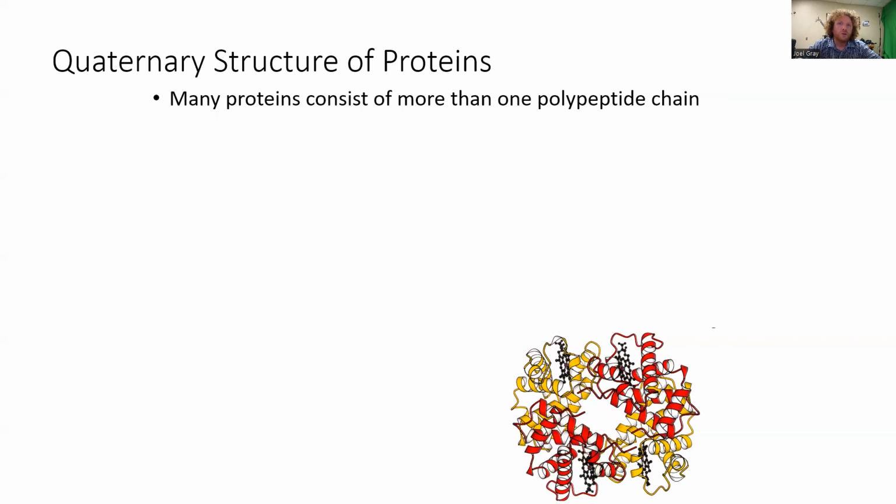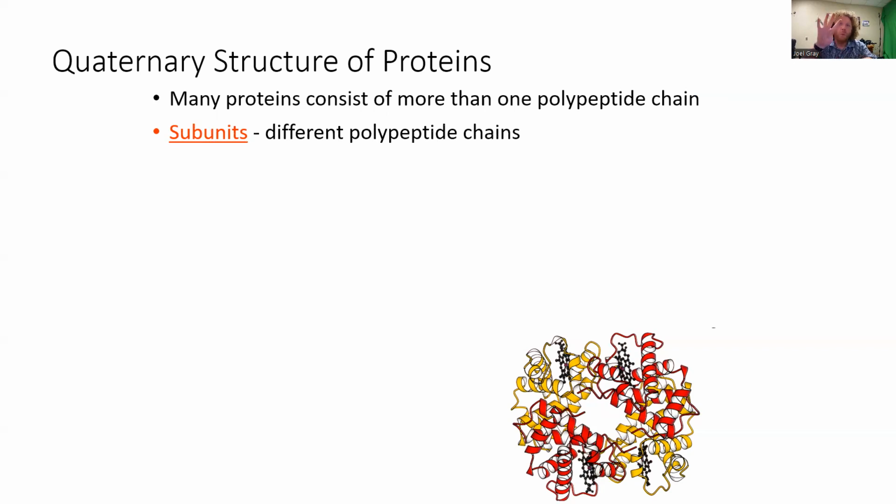Now, the quaternary structure, that next level of protein shape and organization. Well, there are many proteins that consist of more than one polypeptide chain. Those proteins that have multiple polypeptides, those different polypeptides are subunits. For instance, the protein hemoglobin.